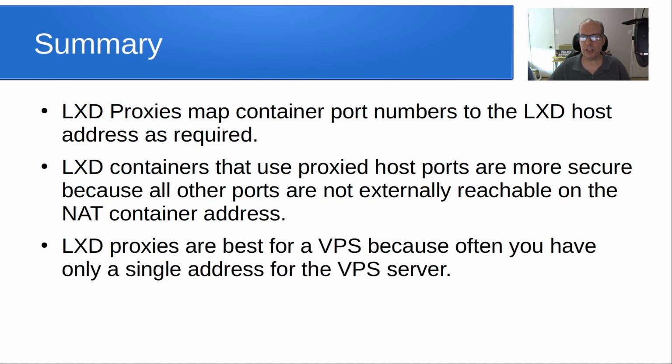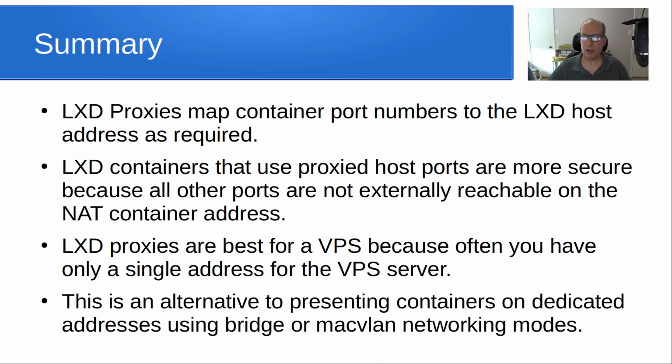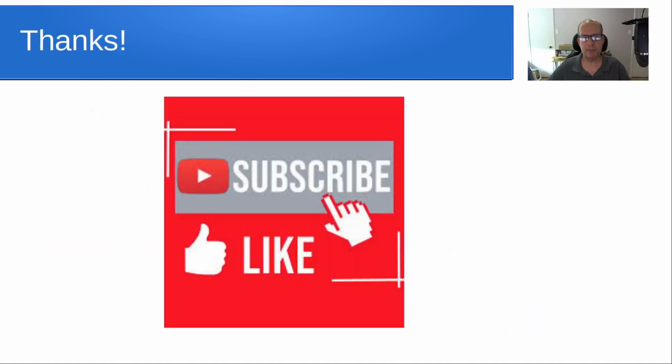And LXD proxies are best for a VPS because often you have only a single address for the VPS server and you can't take your LXD containers and offer them out to the LAN because each of them would require their own address, as I've shown in past videos. So this is an alternative to presenting containers on dedicated addresses using either the bridge or the macvlan networking modes that I've presented in the past.